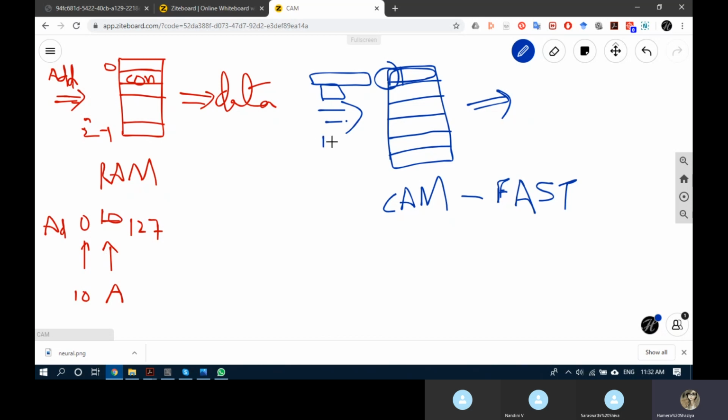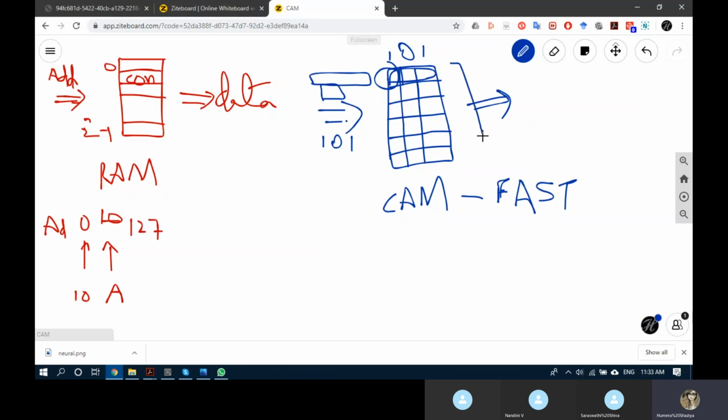When you specify, for instance, 101 as the data to be searched, in parallel, this 1 is compared concurrently, at the same time, with all these bits. This 0 is compared with all these bits. This 1 is compared with all these bits.